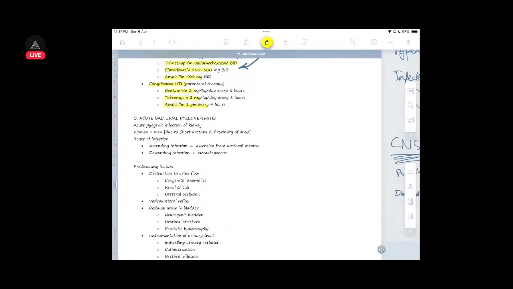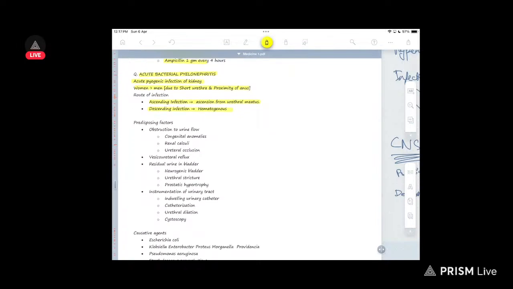So we move on to acute bacterial pyelonephritis, which is pyogenic inflammation of the kidney. It is more common in women than men because of the short urethra and proximity to the anus. The route of infection is ascending infection from the urethral meatus, or it can be descending, hematogenous.